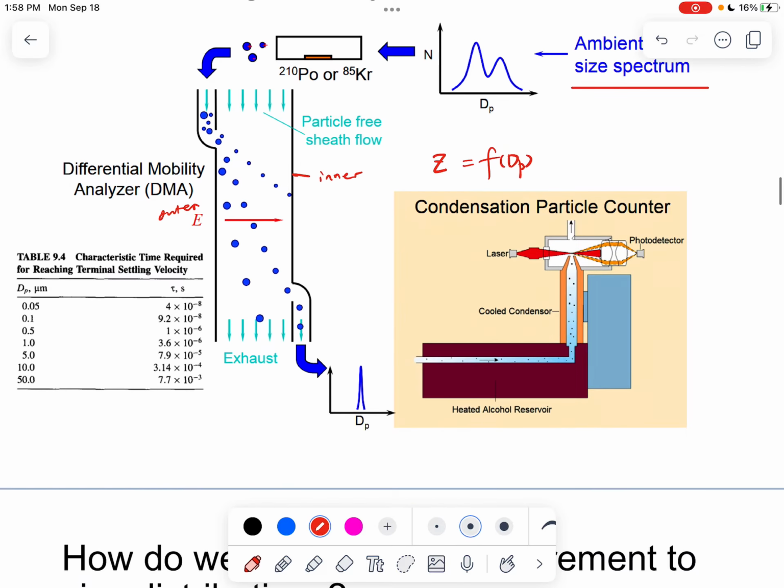So after the particles are further collected, these classified particles are being introduced into the CPC, where we count their number concentration. So further, by scanning the voltage that's added onto the inner electrode, we can classify particles from the small size to the large size, where we can further calculate the size distribution.